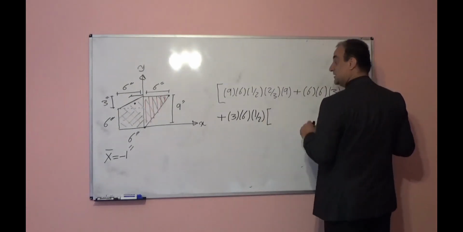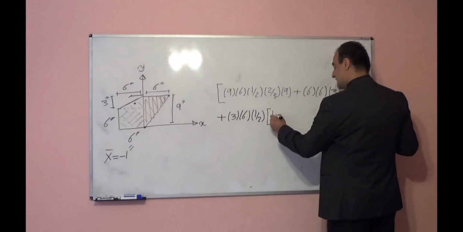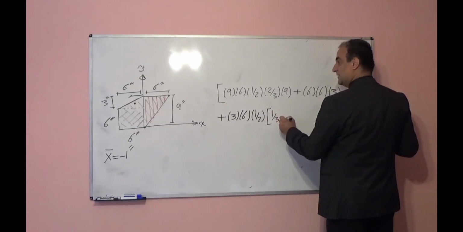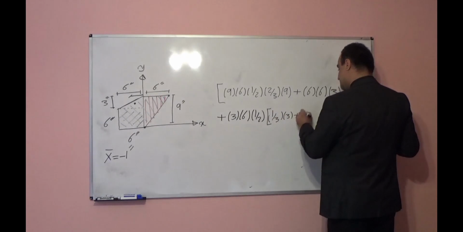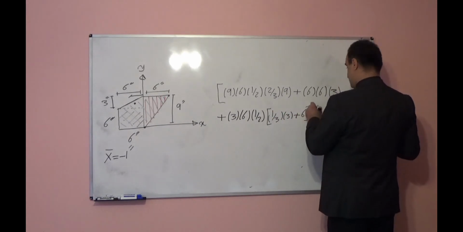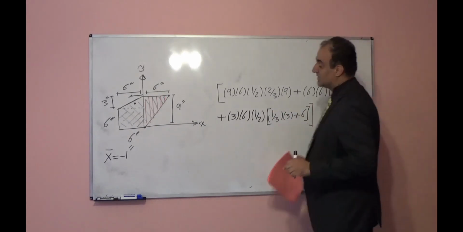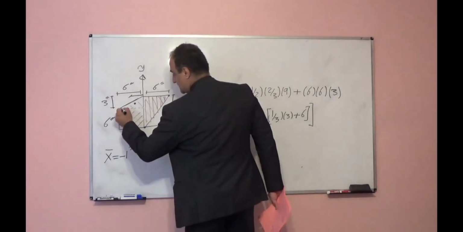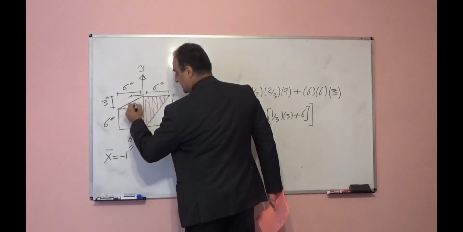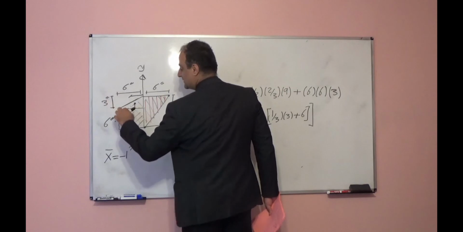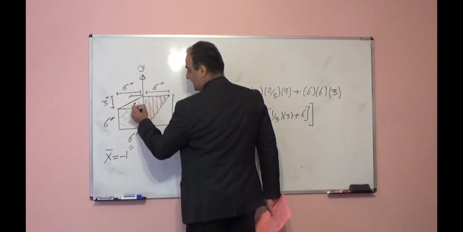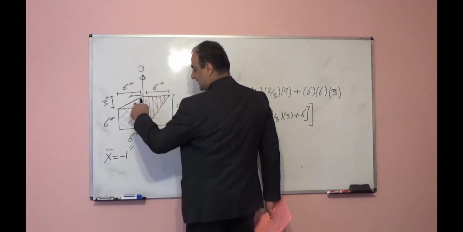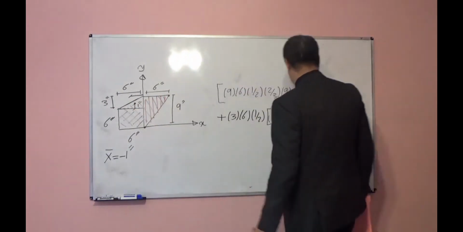Pay attention, it will be 1/3 of 3 plus 6. The centroid location with respect to here will be 1/3 of 3, so this will be 1 inch. Plus 6, it will be 7.